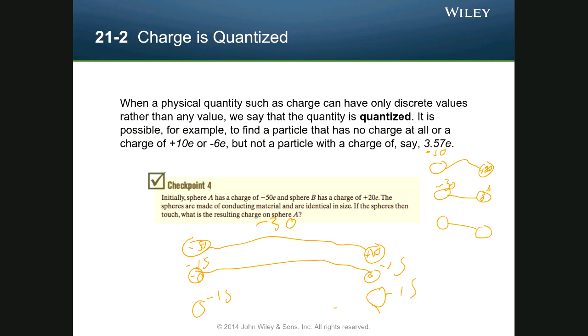Now when we reach minus 15, even though they're repulsive here, they're repulsed from here too. There's no place to go, so they can sit happy. Okay? So that's why the charge behaves the way it does.